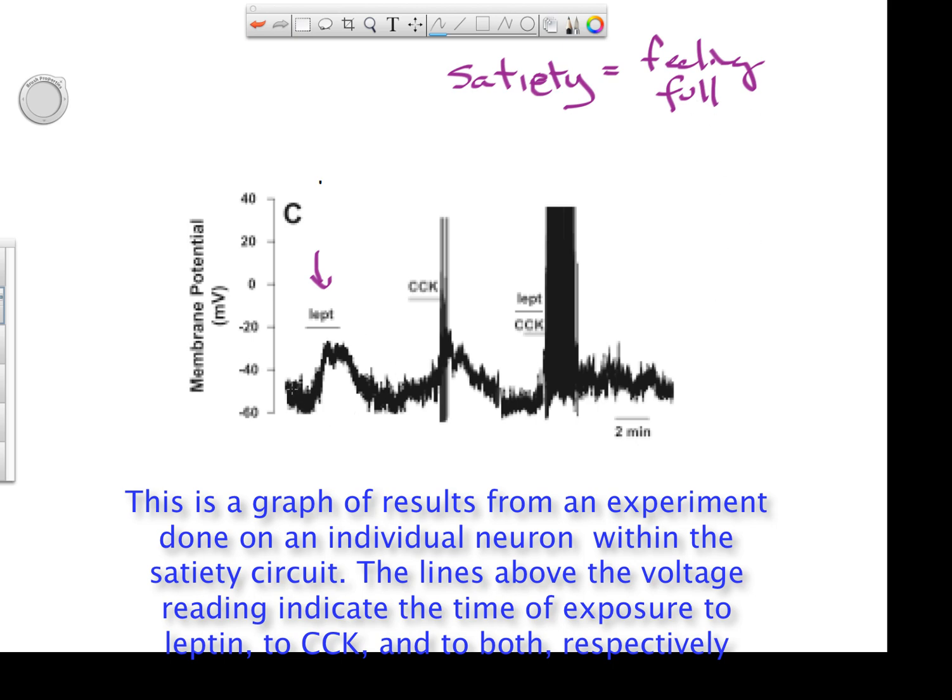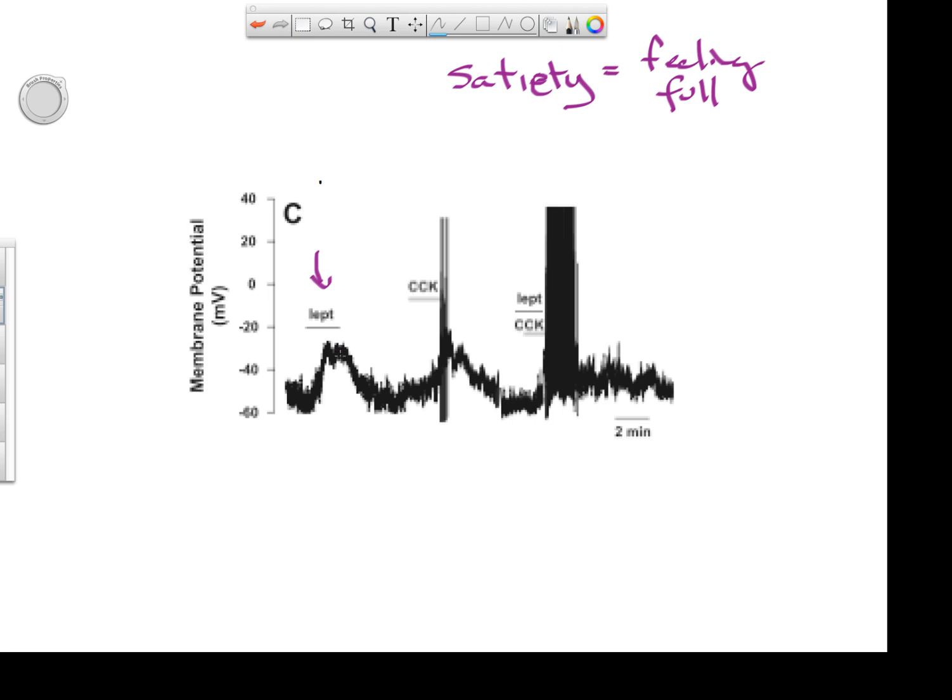You'll notice that leptin added to these cells depolarizes the cells some, but not so much that they reach threshold, not so much that action potentials are seen, showing you that the threshold potential of these cells is quite high compared to, say, the pacemaker cells we've seen or other neurons we're going to see over the course of the term. Much higher than -45, right?